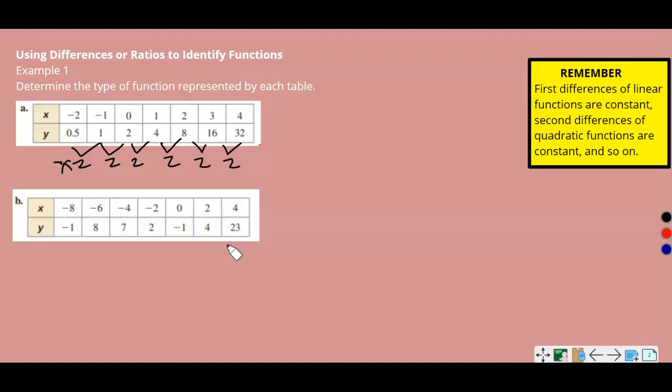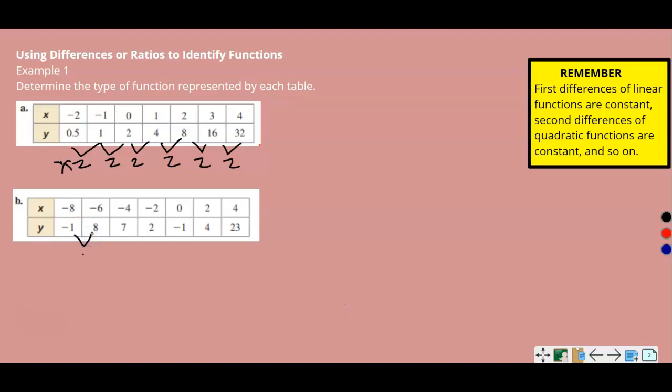So that means we have to look at the finite differences. So let's look at the differences. So up here, you remember, if the first differences are constant, it would be linear. If the second differences are constant, it would be quadratic, and so on. All right, so let's look from -1 to 8.